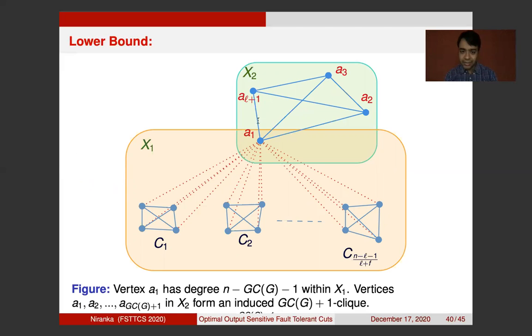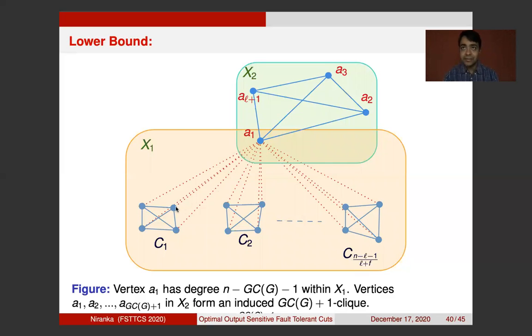The intuition is that the global cut size will always come from the adjacent edges of A1, that is L, but not from any one of them, because as we said, between two vertices here the minimum number of edge disjoint paths is L plus f. But when f edges are deleted, in the worst case there may be L edge disjoint paths between any two vertices.